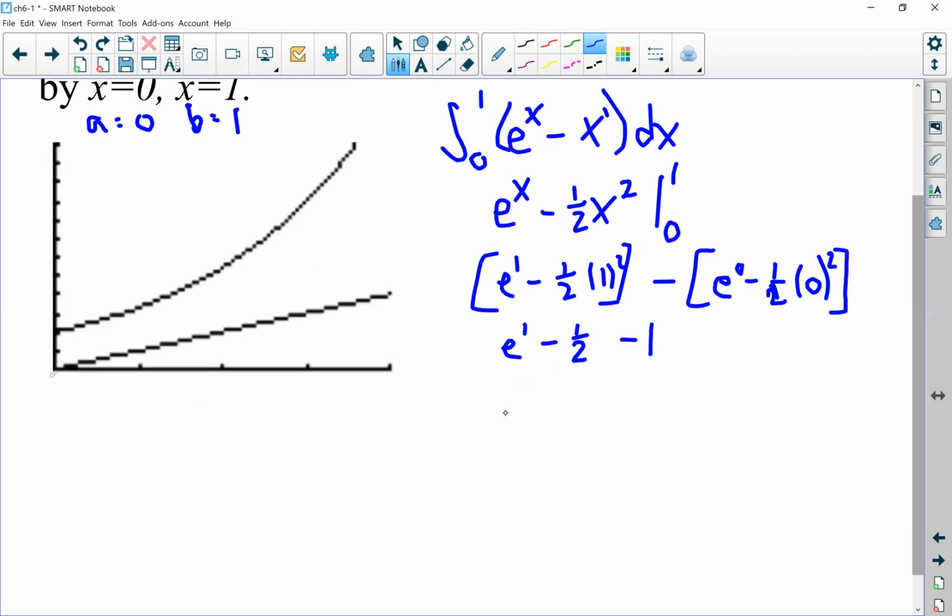And I wouldn't give an estimate. I would leave it in that fraction form. If it was on the calculator portion of the AP exam, they would have it as a decimal, more than likely. That's that.